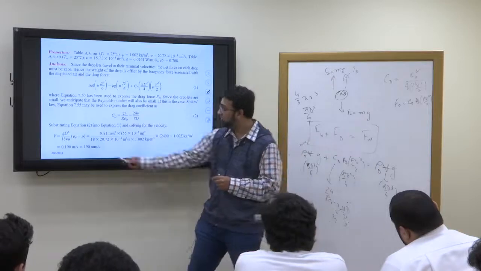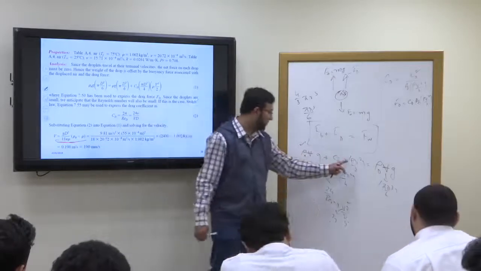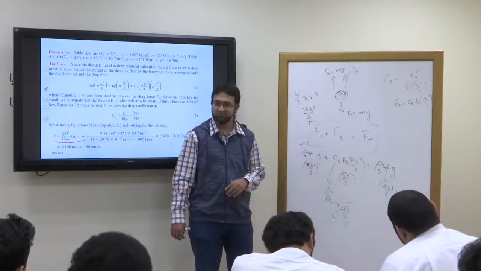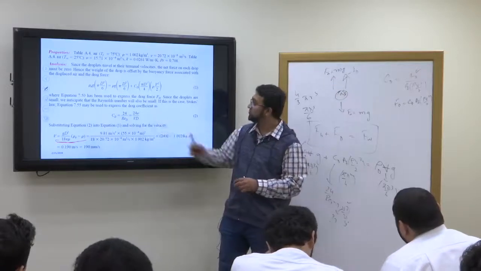Okay? So how does this equation come? This equation comes just if you put velocity on one side and everything on the other side. Then this equation comes. So do you understand this?